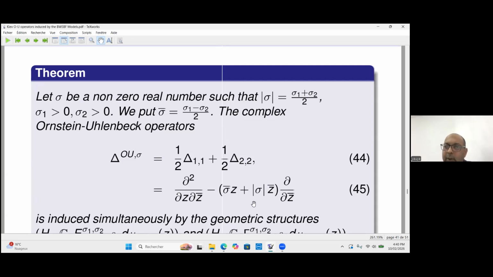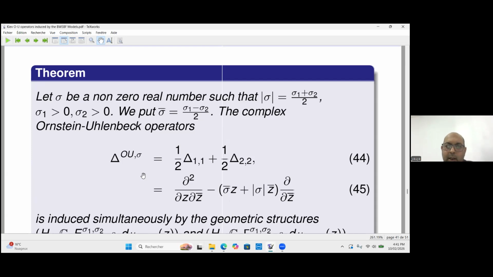Here, if we take sigma 1 equals sigma 2, sigma bar equals 0, that is equation 45 becomes the Laplacian minus the absolute value of sigma z bar dz bar. Here we have the new term sigma bar z.